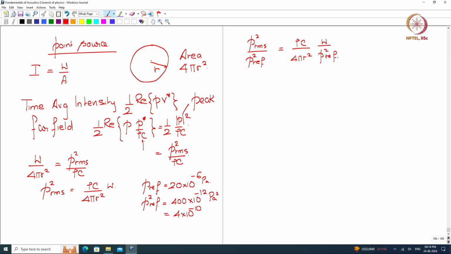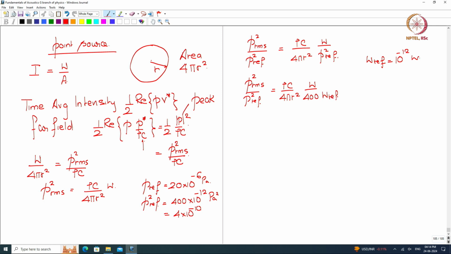The power reference W reference is also 10 to the power minus 12 watts, so W by P square reference is 400 W reference.